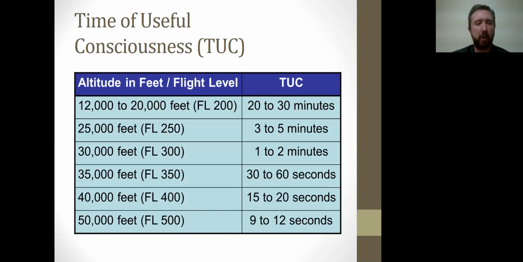Typically at 12 to 20,000 feet, you may have a slow depressurization, and what we'll see is subtle changes in your patient or your partner as far as mental status is concerned. With a rapid depressurization, a lot of times we're going to see, specifically at those higher altitudes, fogging inside the aircraft and so forth, but not always. As you see, the higher the altitude, the less time of useful consciousness an individual has.